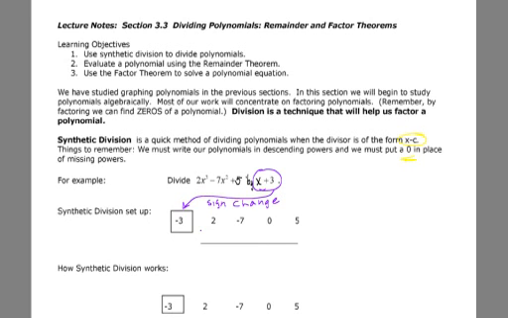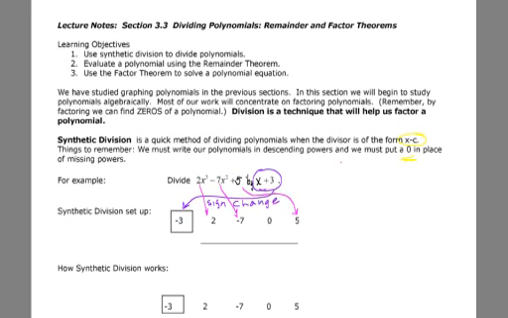Now let's look at these numbers. All I'm doing is dropping down the coefficients: the coefficient of 2, coefficient of -7, coefficient of 5. But notice when I bring the coefficient of 5 down, I skip a spot and I put a 0. That's because when this thing is in descending powers, there is a skipped power. It goes from 3, skips the first power, then goes to the constant of 5.